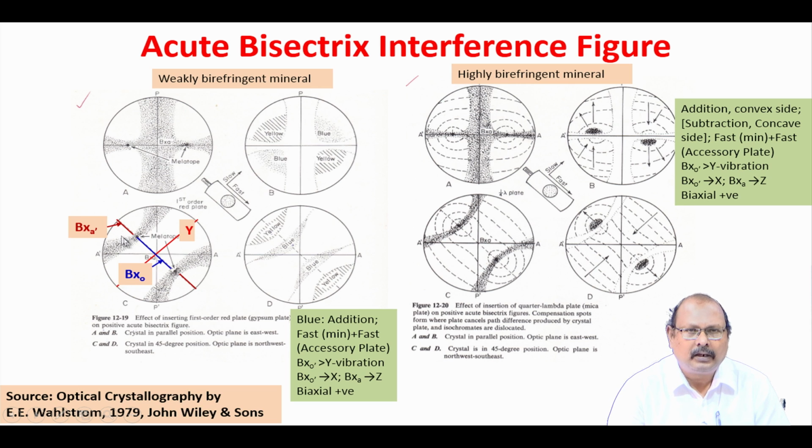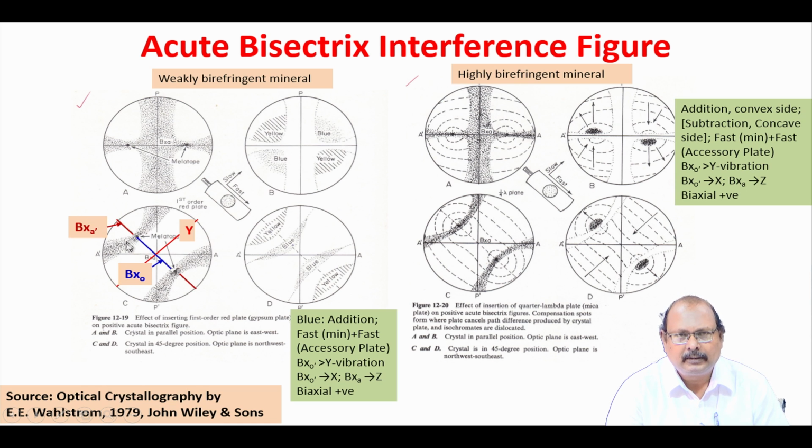If at the point of maximum curvature you draw a tangent, it will be in this direction. This direction is the optic normal direction, the direction of Y vibration, and this entire trace is the trace of the optic axial plane.